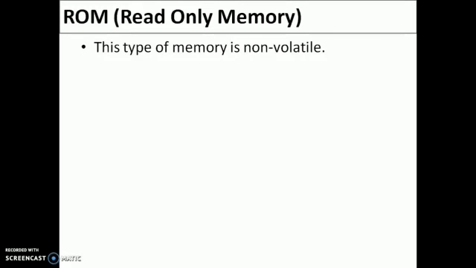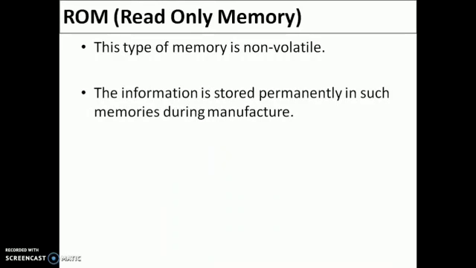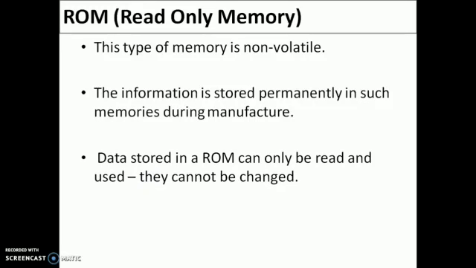I mean to say, the data will not vanish when the computer is switched off. Hence, it stores data permanently. The information is stored permanently in such memories during manufacture. We can only read from it and it cannot be changed.